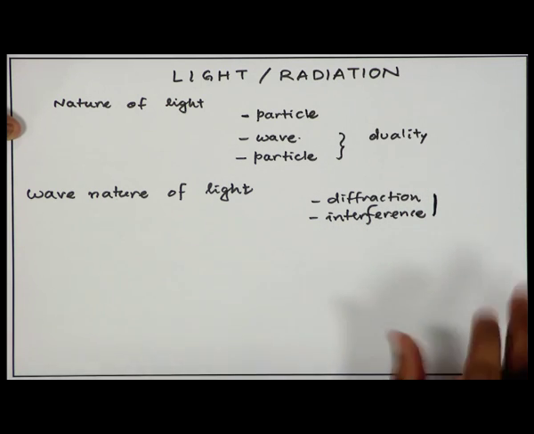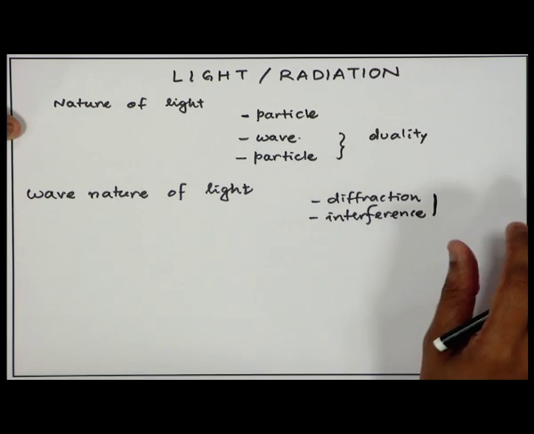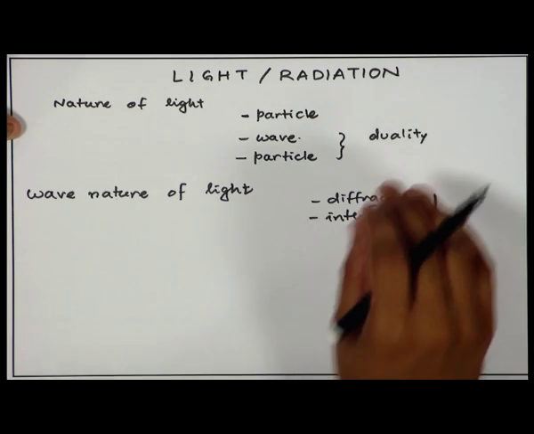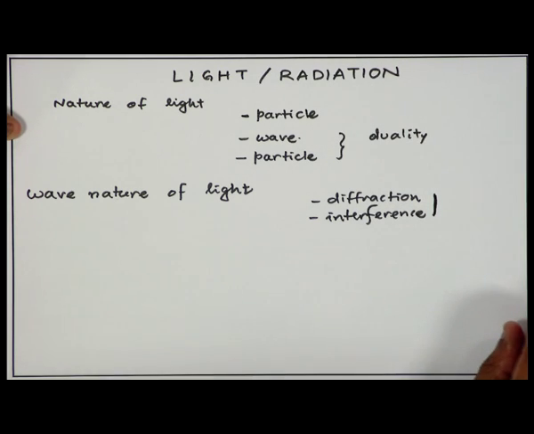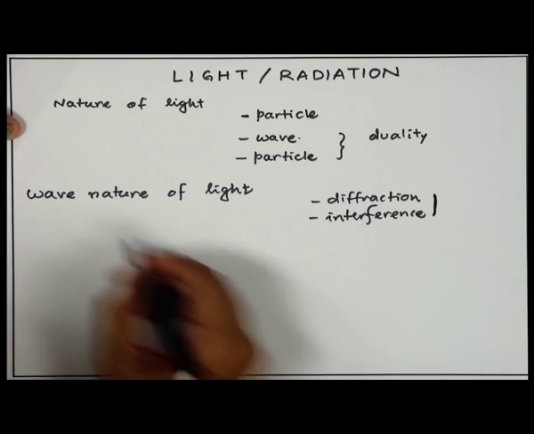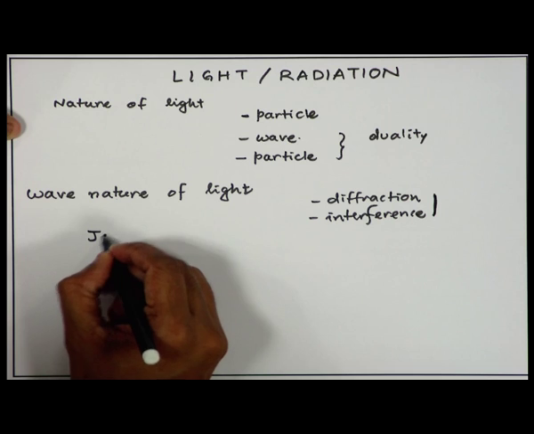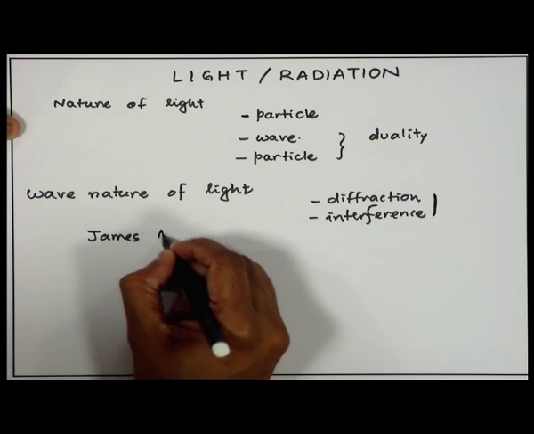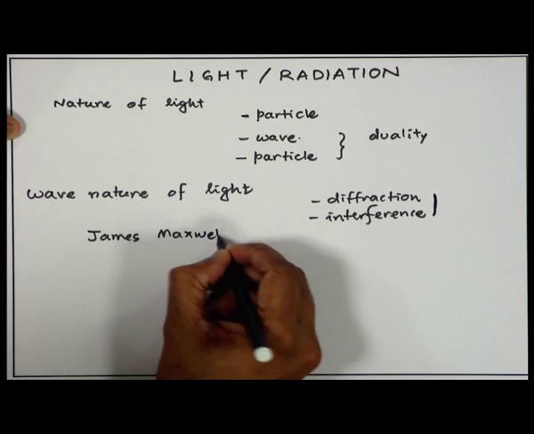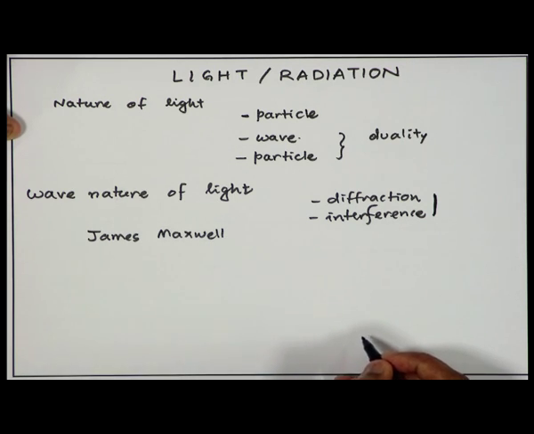In fact, for some time light was believed to be a transverse wave because its properties matched with many other transverse waves. But afterwards, James Maxwell suggested that, well, light is a wave, but it is a special kind of wave. It is not an ordinary transverse wave.